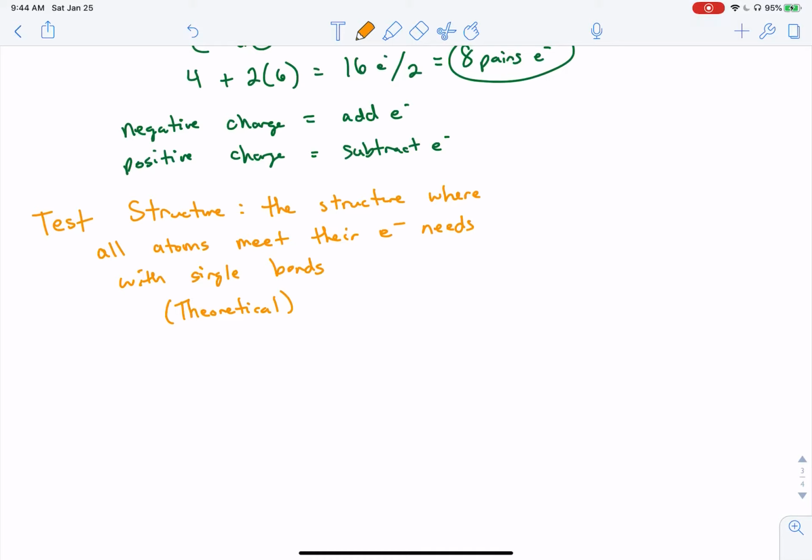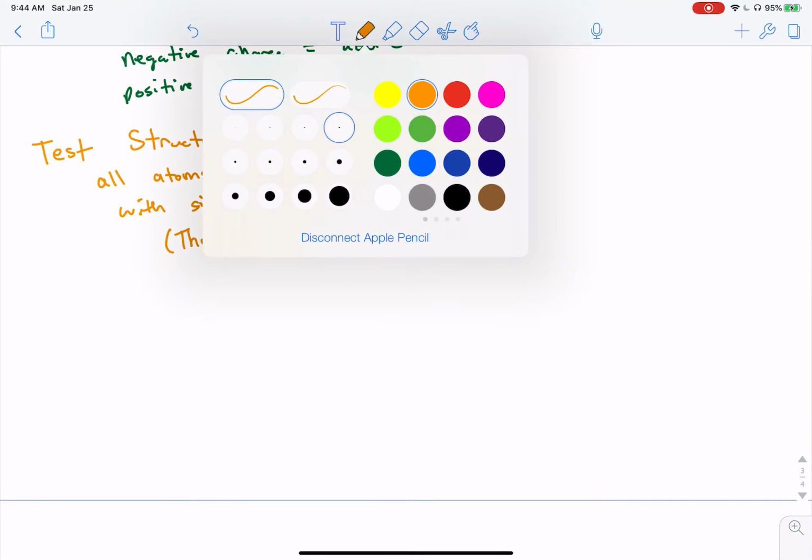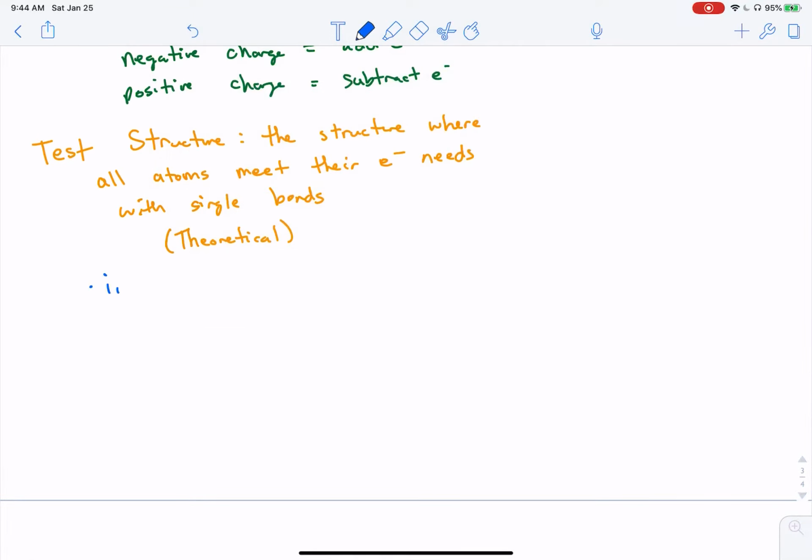And a couple rules here. If an atom has 4 or more valence electrons, it must have an octet in this test structure. I don't care if it doesn't look right, you have to give it an octet, because every atom that has 4 or more is going to try to get at least an octet.